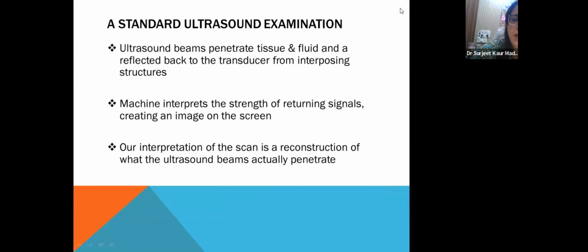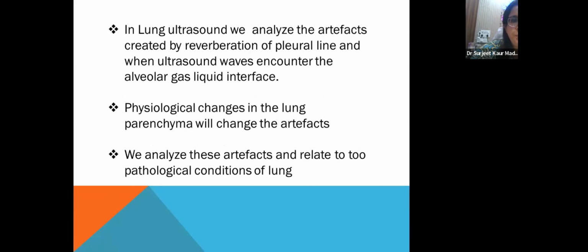Our interpretation is the reconstruction of what the ultrasound beams have penetrated. But in lung ultrasound it is a bit different: we actually analyze the artifacts. We are not seeing the exact anatomical tissue. When you scan a heart, kidney or liver, you see the shape of the kidney, the cortex, the medulla. But in lung ultrasound, it is not the same.